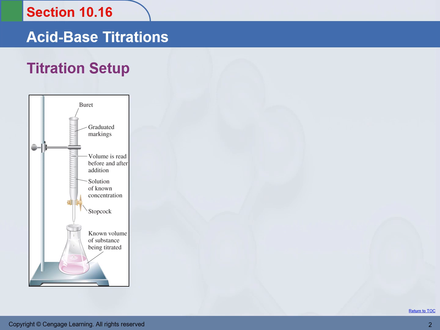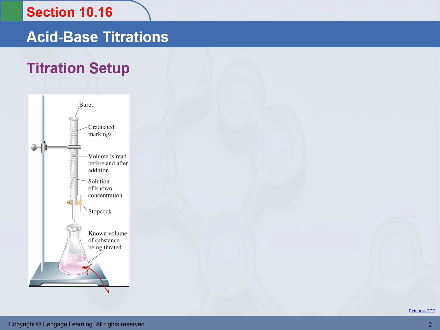Well, this is the titration setup. So what do we have here? In the beaker, we can place either a base or acid with unknown concentration, the solution that needs to be titrated. Okay, let's assume this time it's the acid whose concentration is unknown.